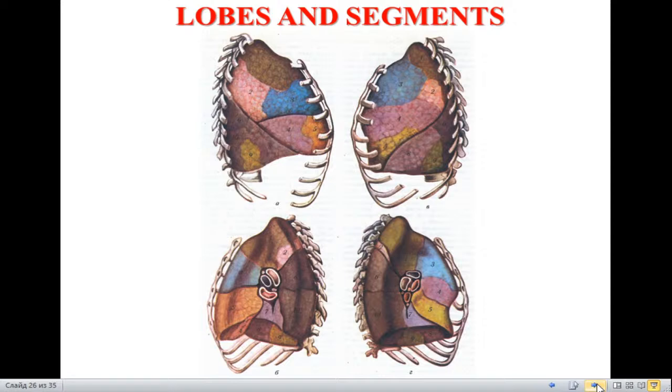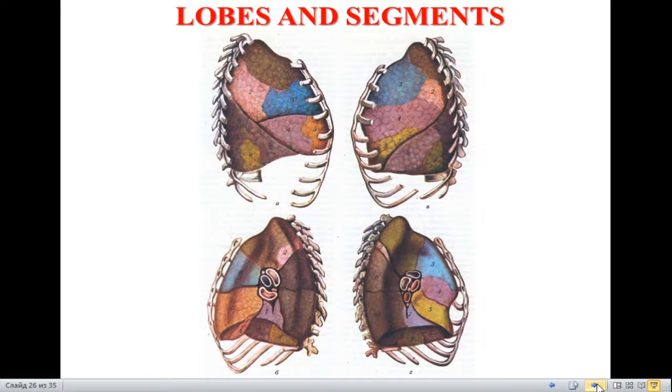In the inferior lobe: apical, medial basal, anterior basal, lateral basal and posterior basal. These are the segments of the left lung.